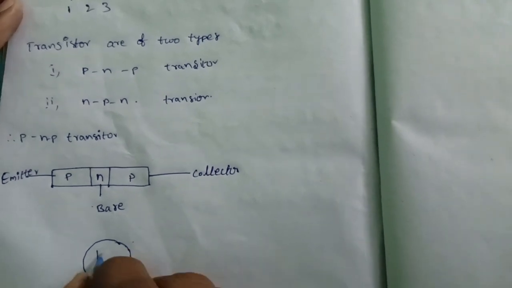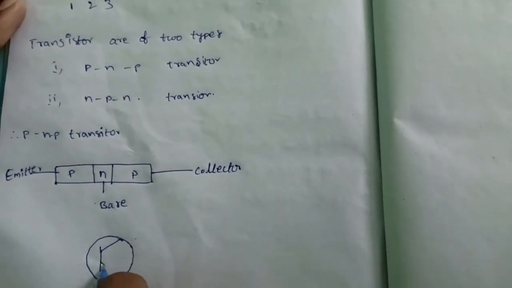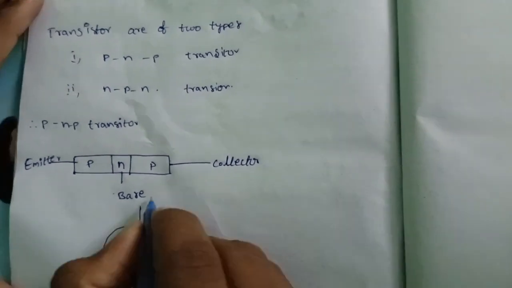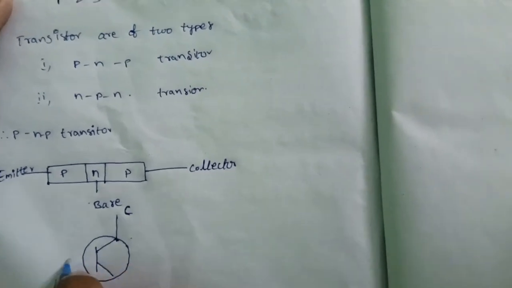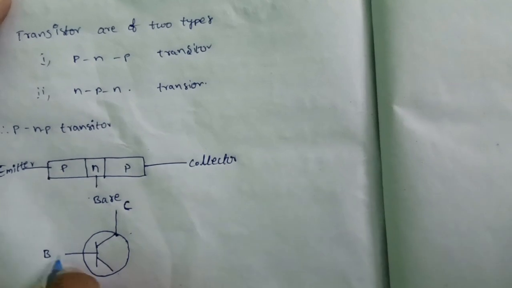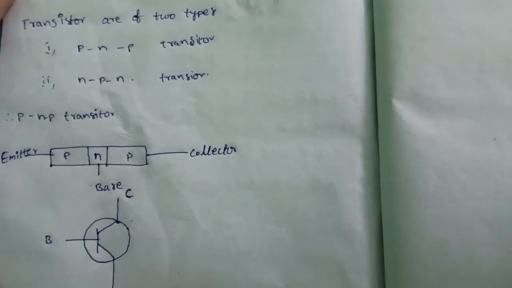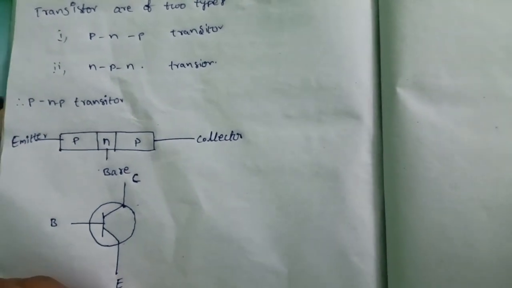The circuit representation of the PNP transistor is collector, base, and emitter. Another one is the NPN transistor.